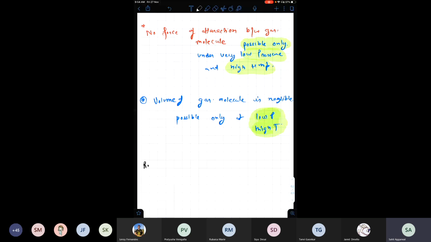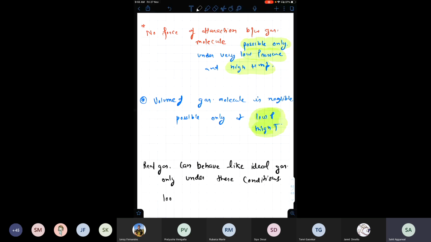Real gas can behave like ideal gas only under these conditions, because those assumptions work under those conditions only. कौन सी conditions?